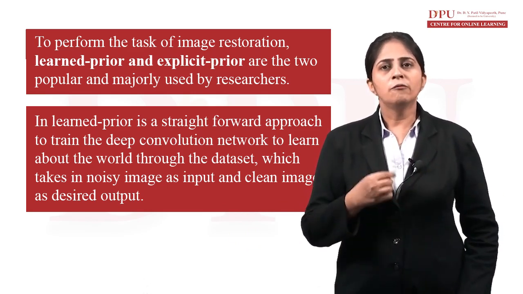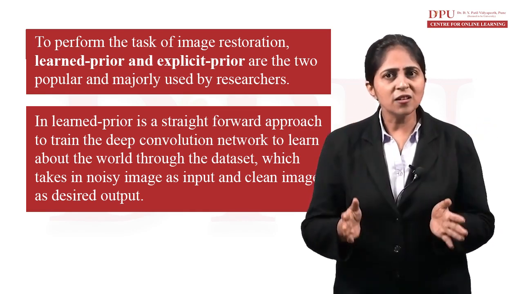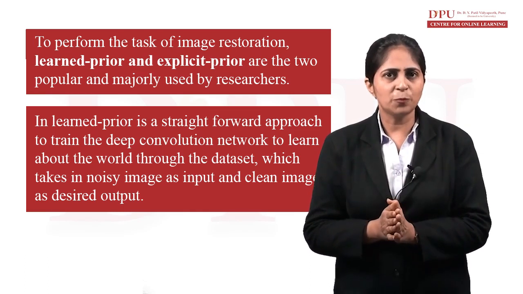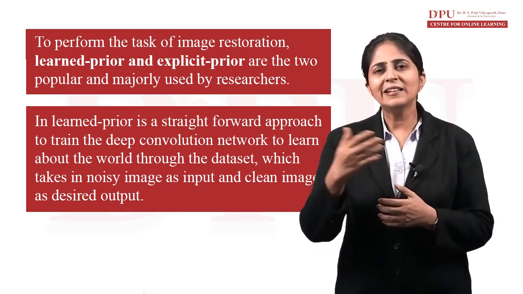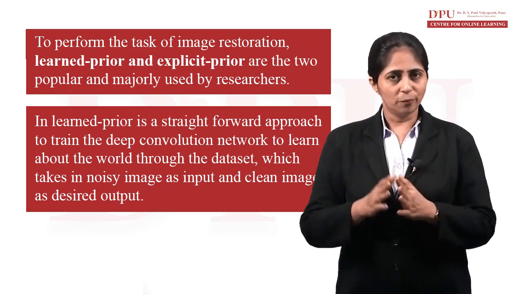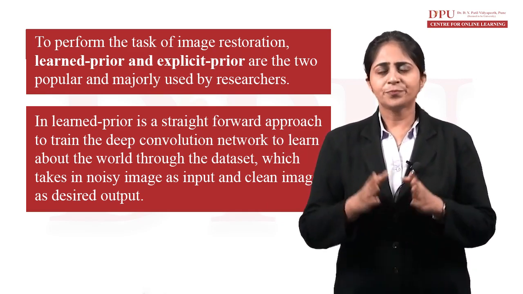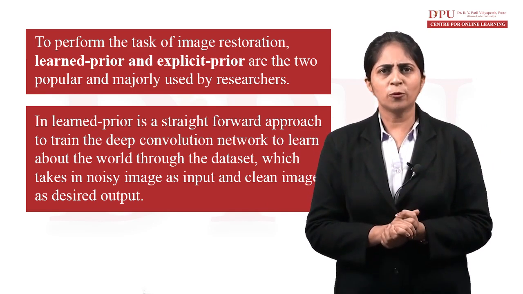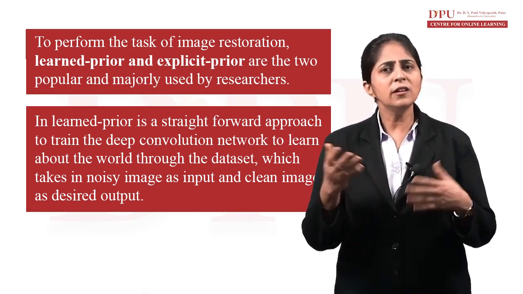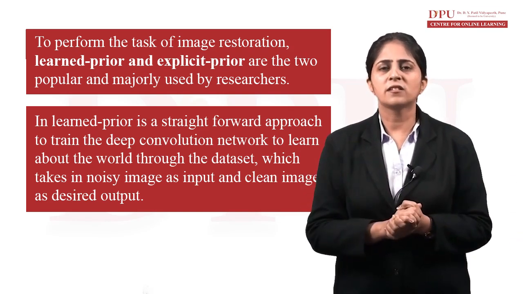What do we want? We want a neural network to take the noisy image as the input and provide us with the clean image as the output. So in learned prior, it is a straightforward approach to train our deep convolutional network to learn about the world through the data sets.